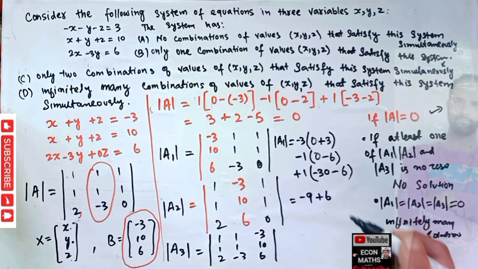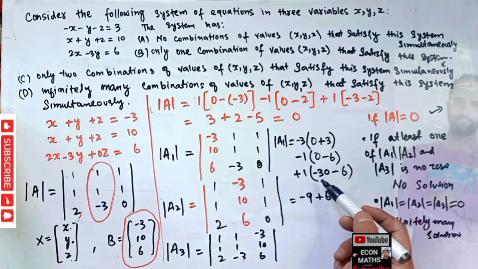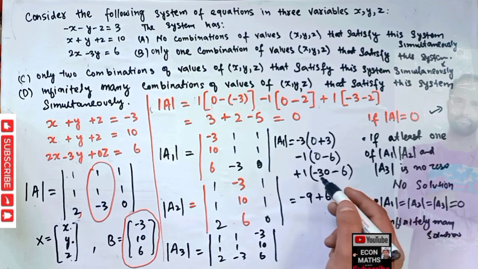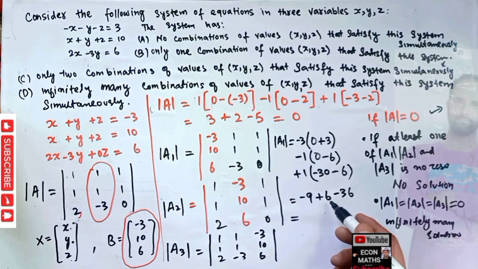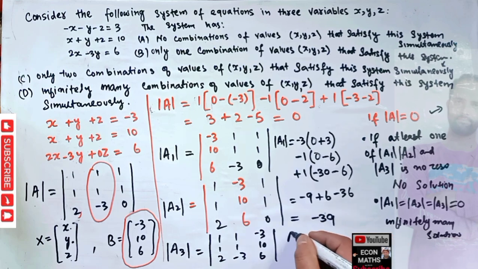Then we have -30 minus 6 is -36. Here we can easily see, this is 27. So 36 minus 6, so we get here -30. So we get here -39. Obviously a1 is not equal to 0.